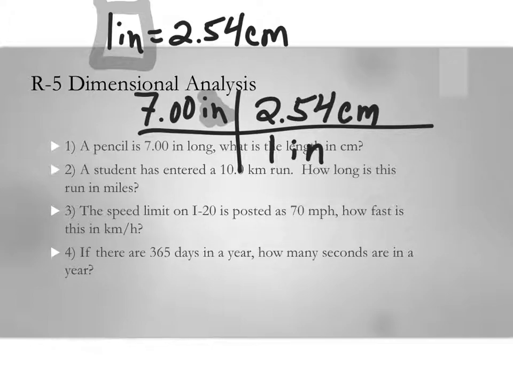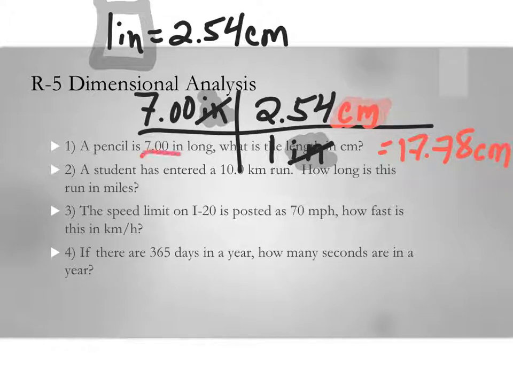Now, you've got inches on the top, inches on the bottom. Those two are going to cancel out, leaving you with just centimeters. 7 times 2.54 is equal to 17.78 centimeters.